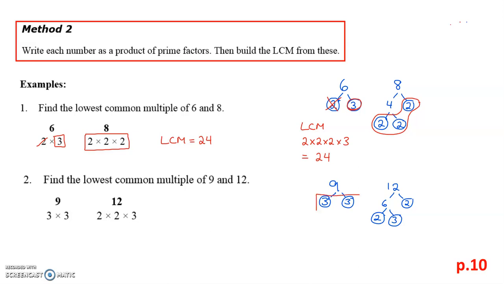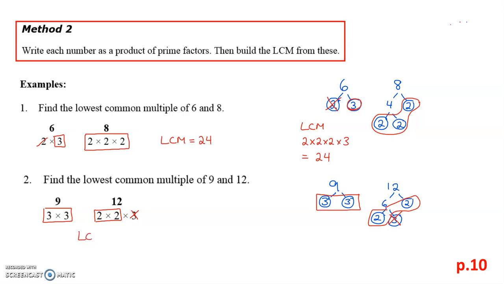So we're going to take these 2 3s and not this one. And then under the 12, we're going to take both of those 2s. And to show that over here, we're going to take these two 2s and these two 3s. Because there are more of them under 9, we will not take this 3 under the 12.